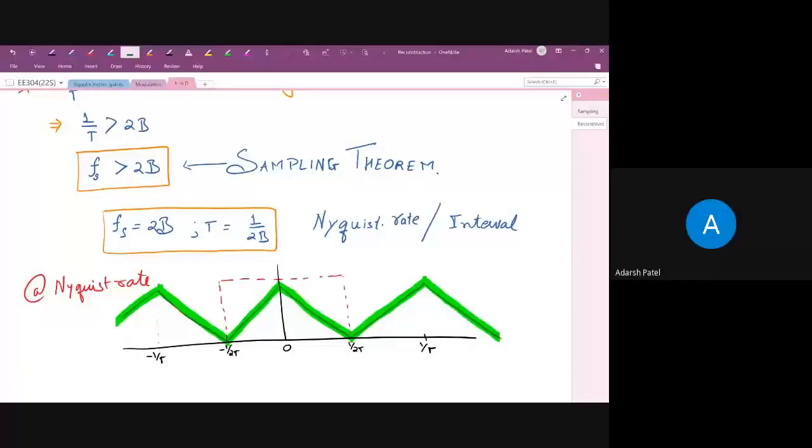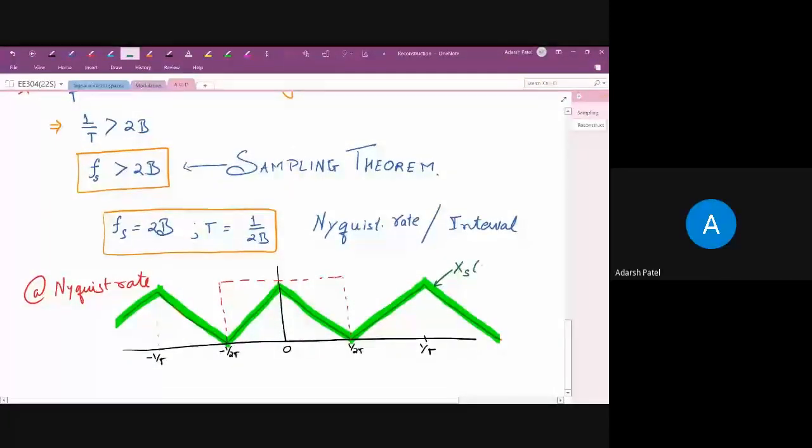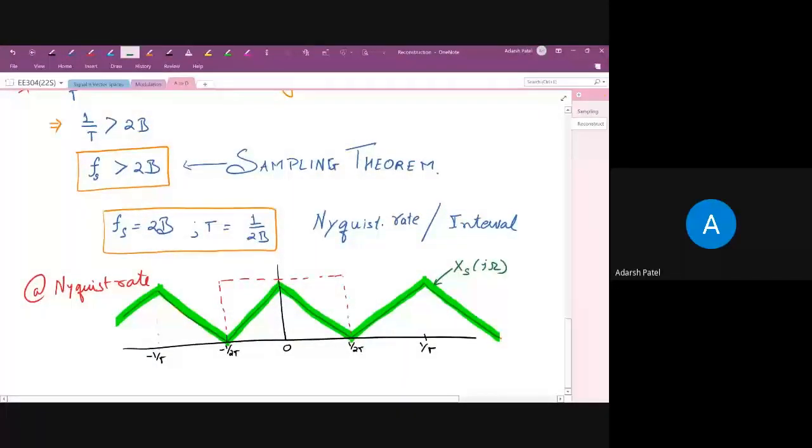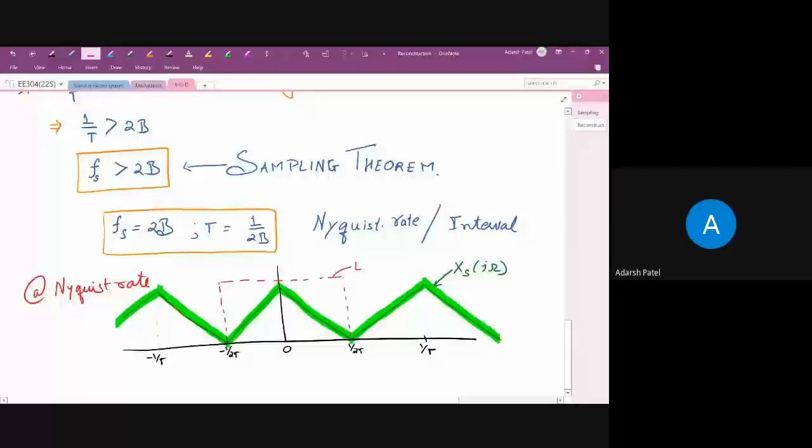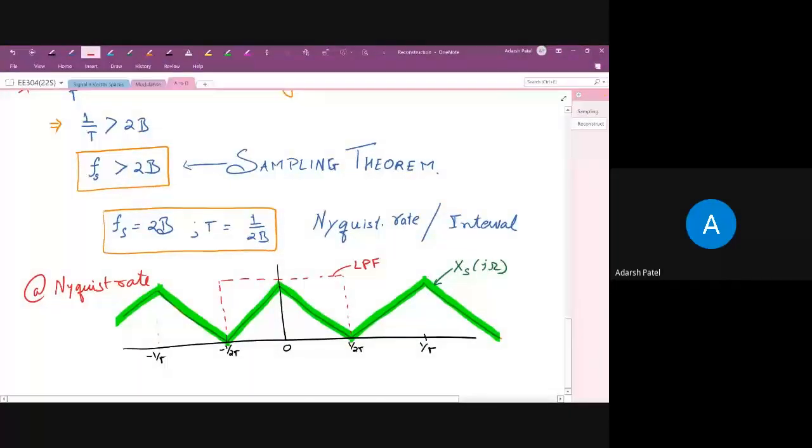This green is nothing but xs, the sampled signal, xs(j omega), and this in red is the LPF, the low pass filter. If we pass this through the low pass filter, we get the desired signal, which is going to be xc(t). So this is the case at the Nyquist rate, the limiting case.